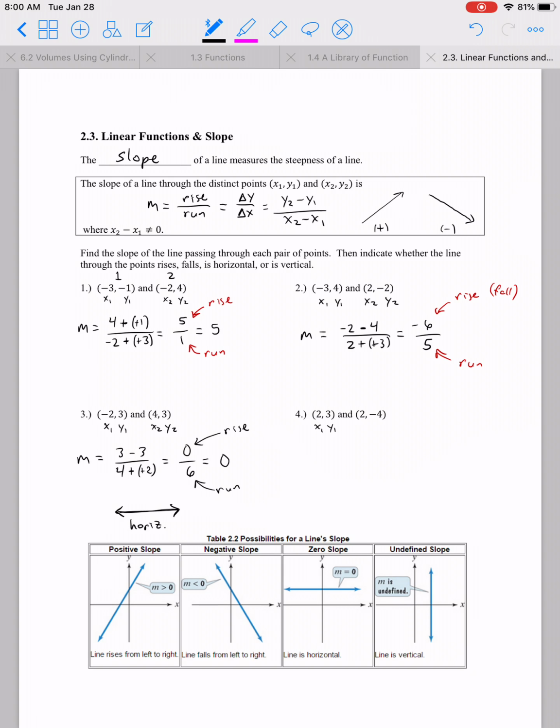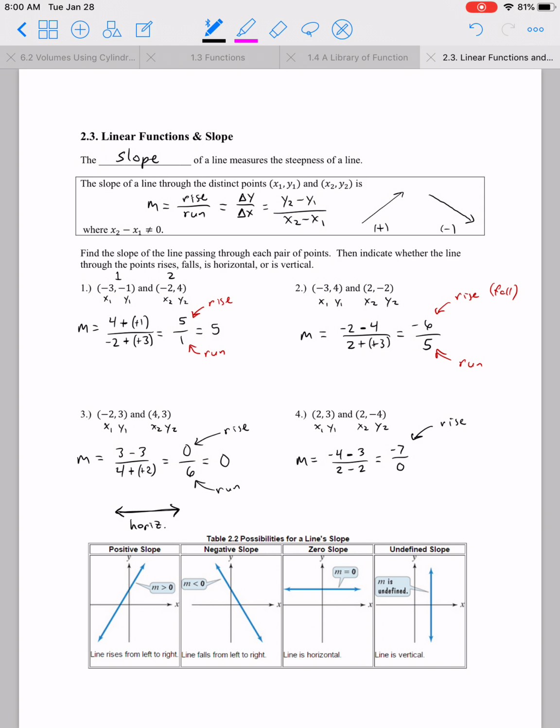x1, y1, x2, y2. And the slope's going to be y2 minus y1 over x2 minus x1. And so we'll get -4 minus 3, that's a -7, over top of 2 minus 2, that's a 0. So here we have a rise of -7, or a fall of 7.